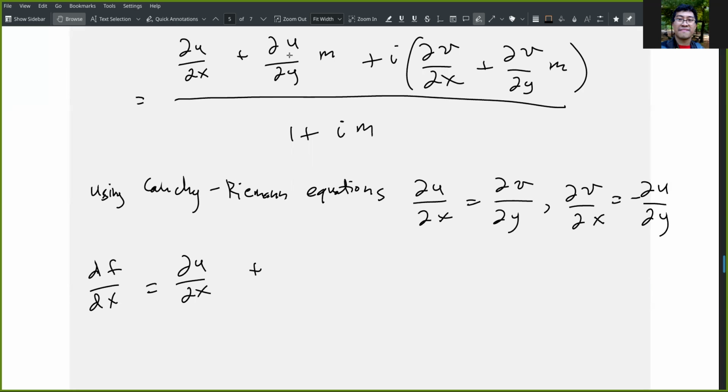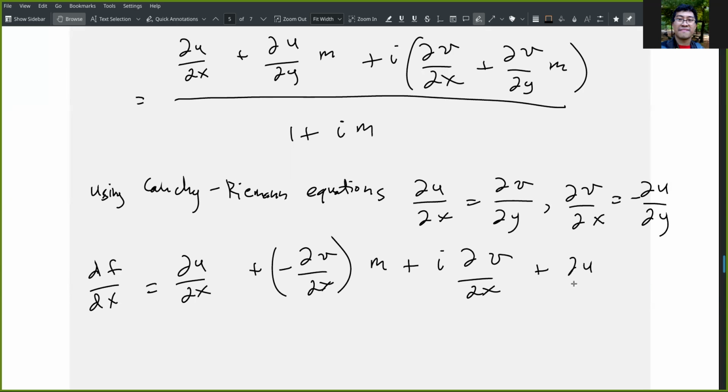It might be best to keep partial v with respect to x, but replace partial u with respect to y with negative partial v with respect to x. So you have minus partial v with respect to x m plus i partial v with respect to x, plus, again, partial u with respect to x m.